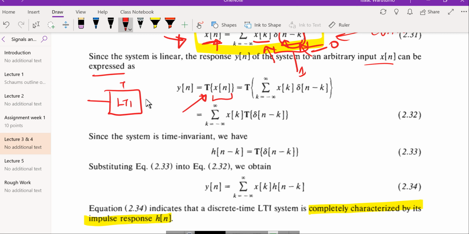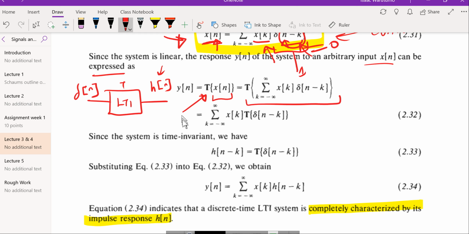The response to delta of n is equal to h of n. This is our impulse response, and it can just be described as such.